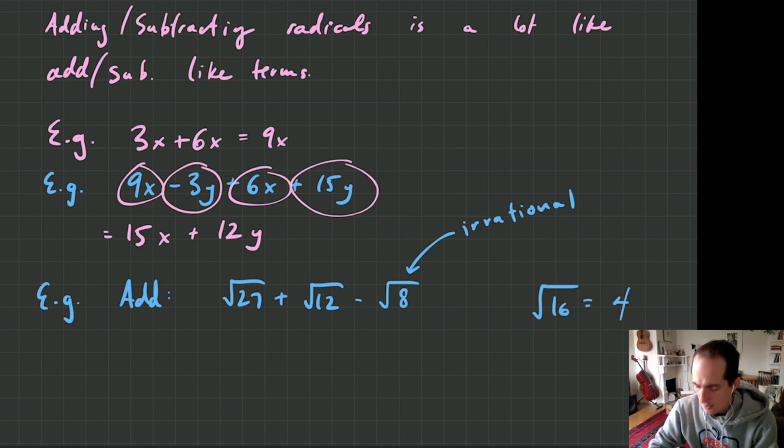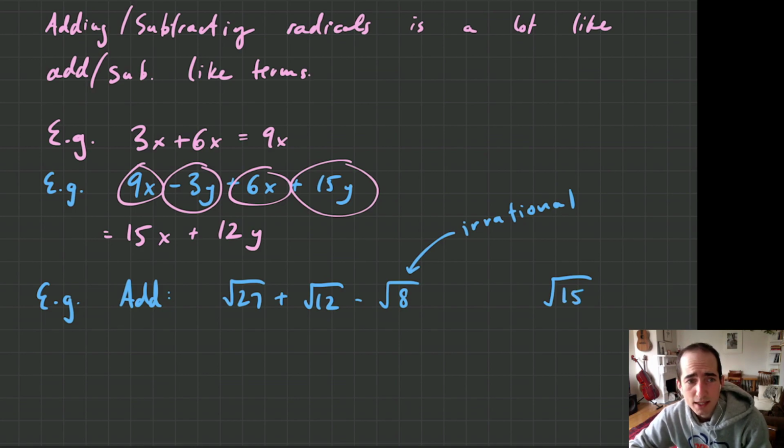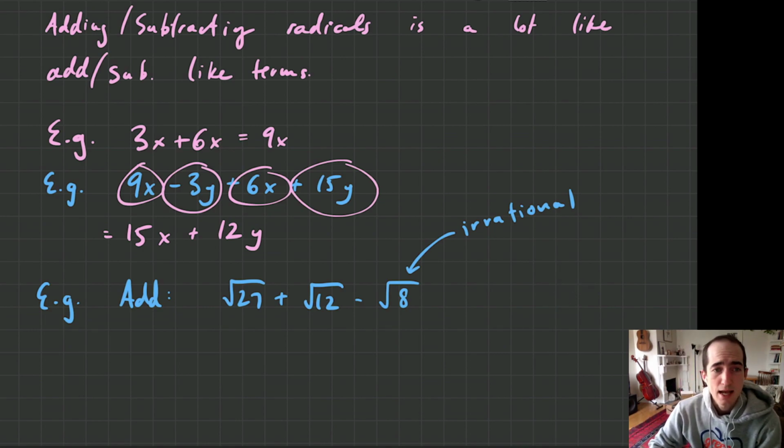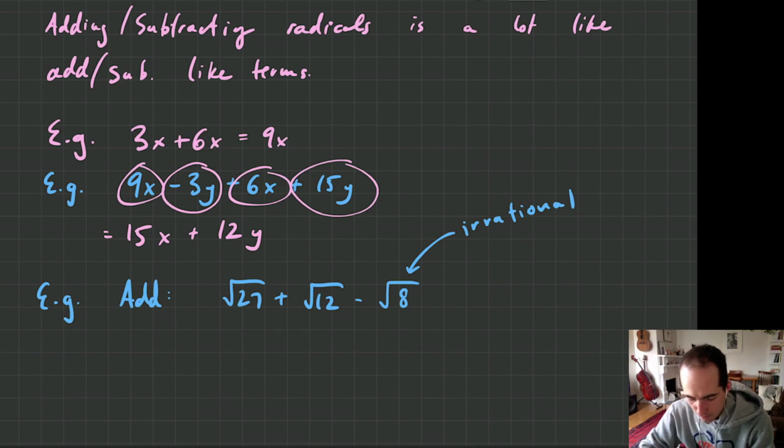That's going to give you 4, right? But if it's not a perfect square, like if it was the square root of 15, all of a sudden this is an irrational number, which gives us a decimal expansion that has no pattern and no repetition, and the decimals keep going on forever.